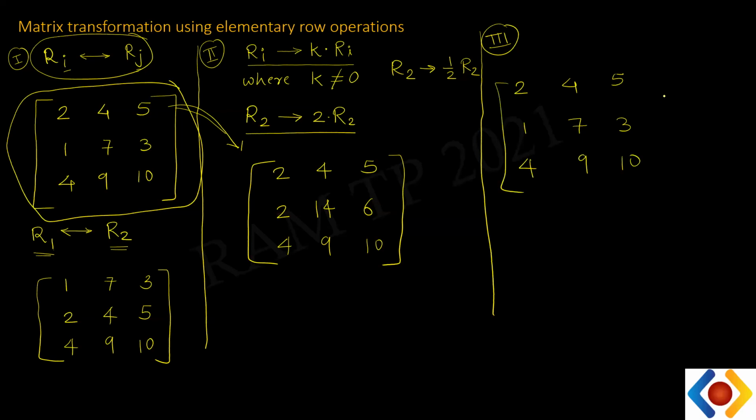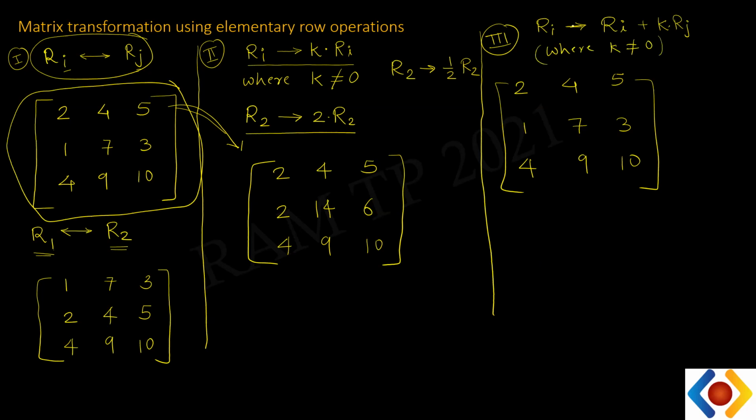Okay, let's think about the third transformation. We say Ri is equal to Ri plus k times Rj, and again where k is not equal to 0.